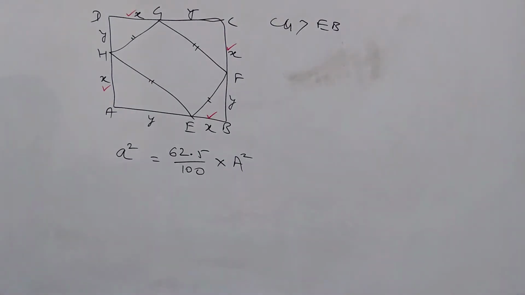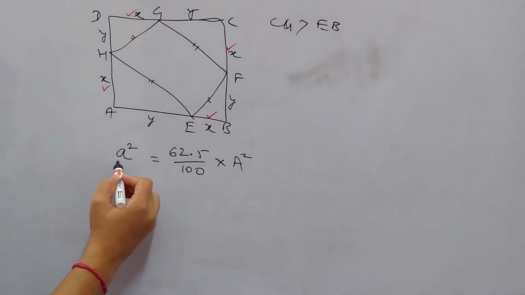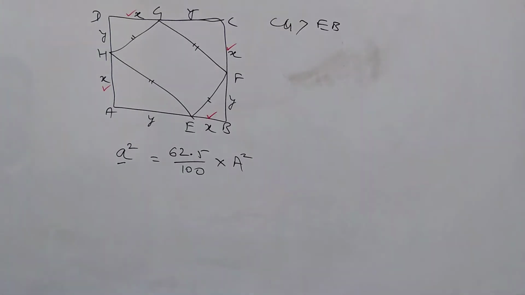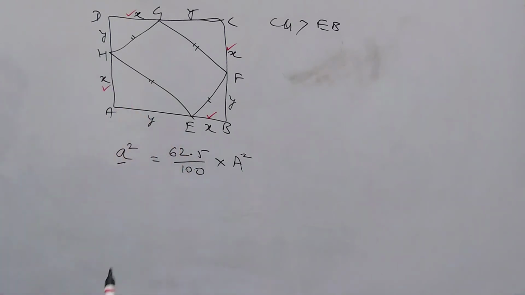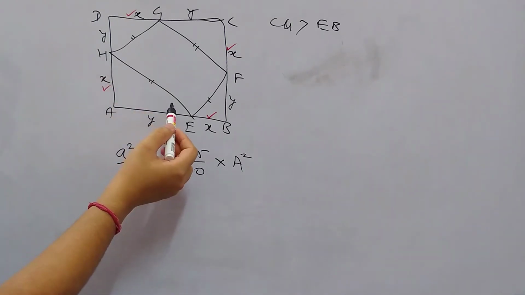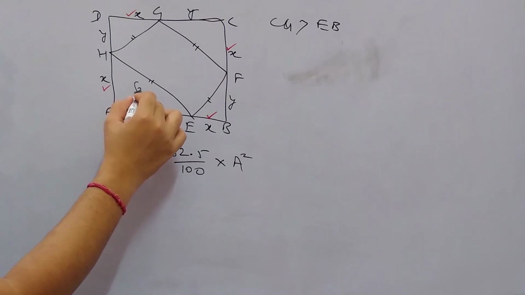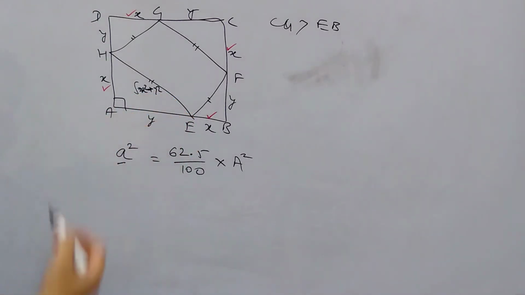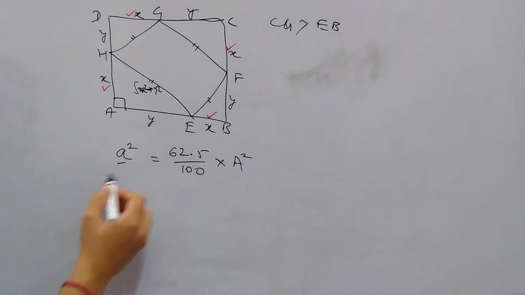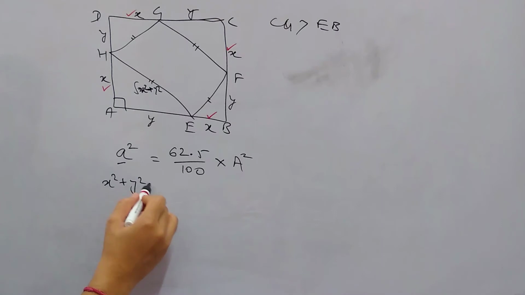Now, what is the side of the inner square? If we consider any triangle, let's say AEH, consider this triangle, then the side of the square will be root under x square plus y square, because this is making a right angle triangle here. So a square can be written as x square plus y square.